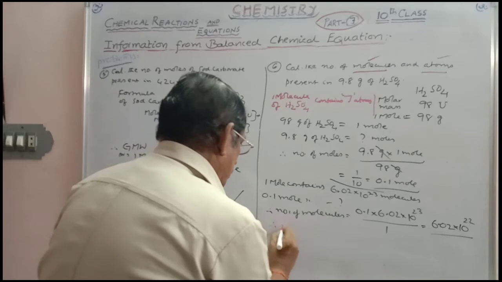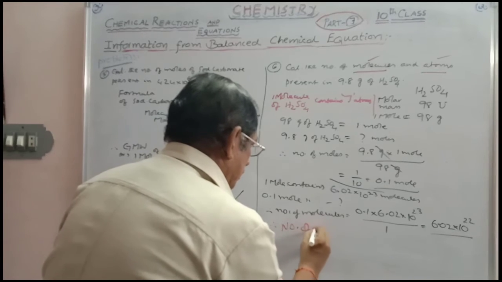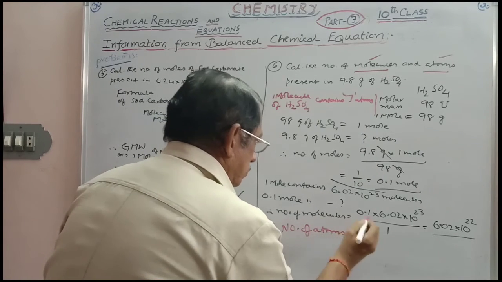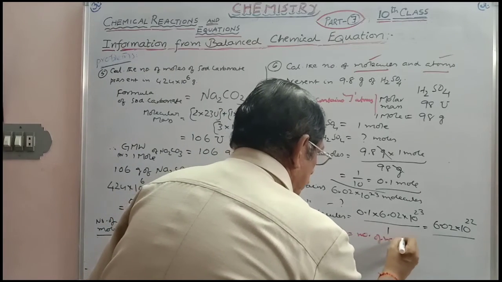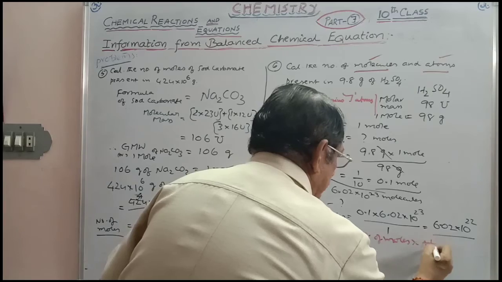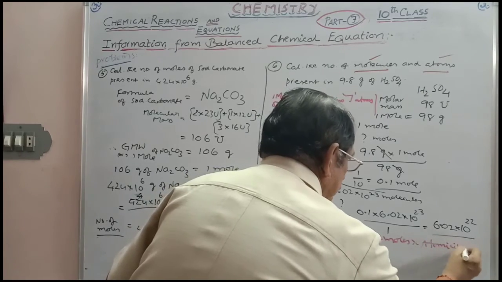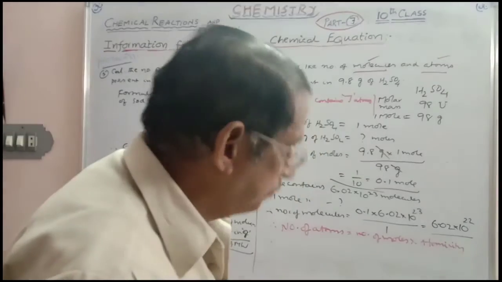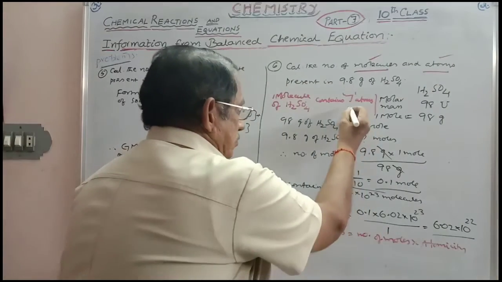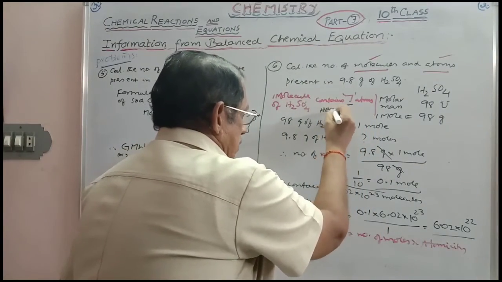So therefore, number of atoms is equal to number of moles into atomicity. Atomicity is 7, heptaatomic.